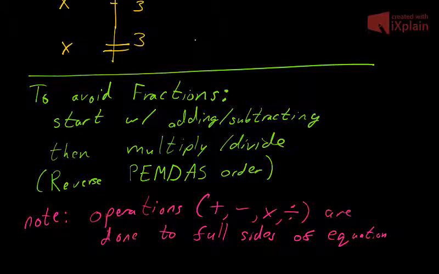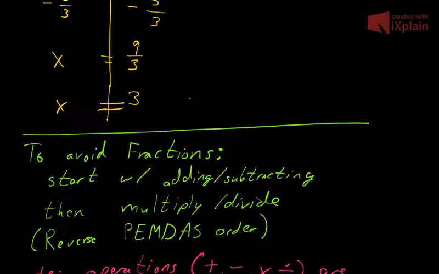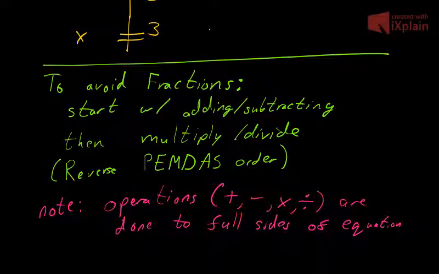And if we do that, then we will never ever fail. Sometimes it might take us longer because we now have to do fractions if we do it in the wrong order. But so long as we do operations to the full side of the equation, we can do whatever we want as long as we know the goal is to get the variable by itself.